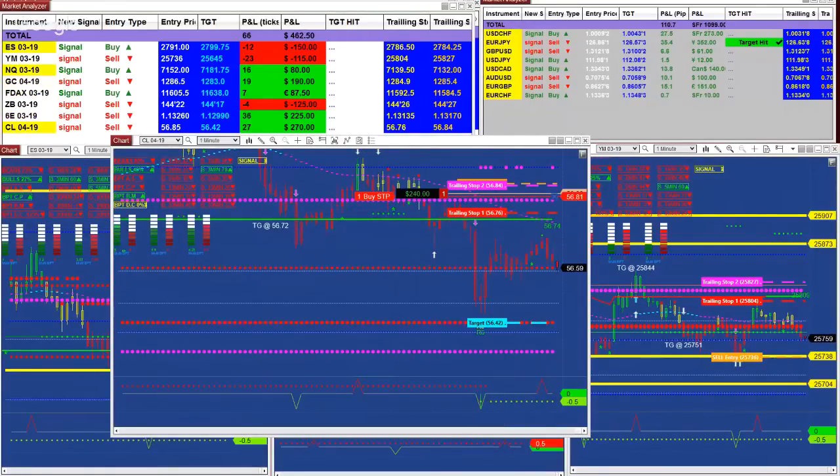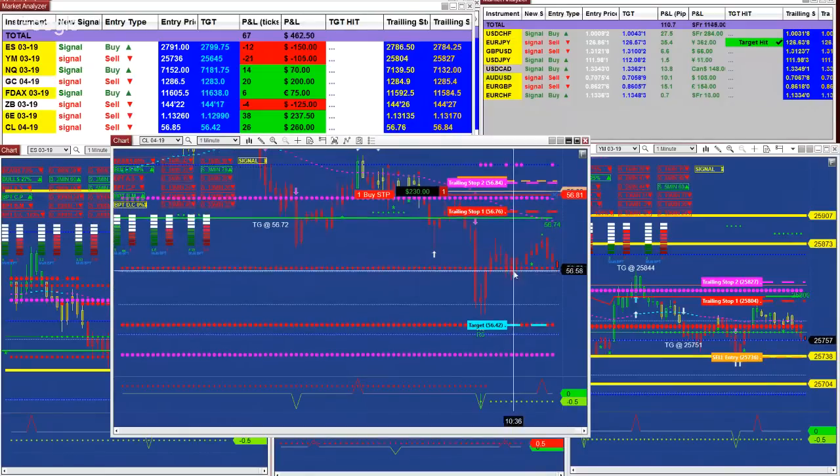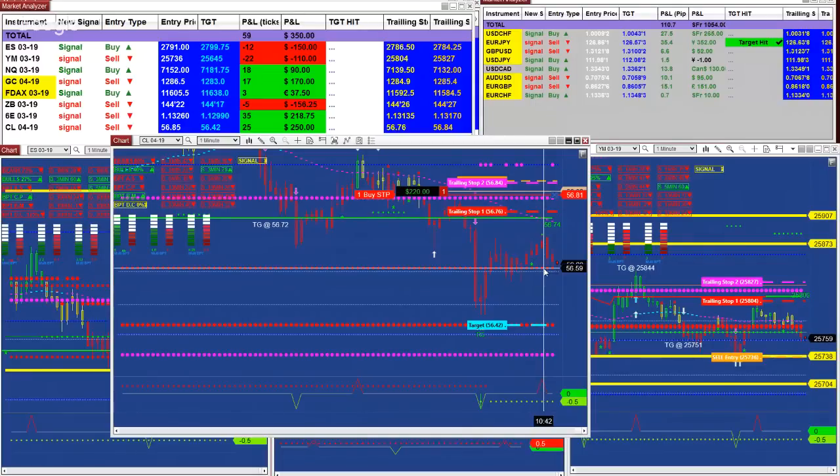As you see, the CL is struggling with that support. Those are your zone, and it is struggling with those 56.59. If we break that area, you can see how many times it came in. So 56.59 is the key on the CL. I don't want to complicate the trade, I'm trying to keep it simple.